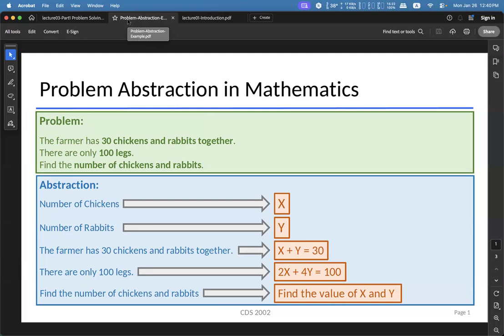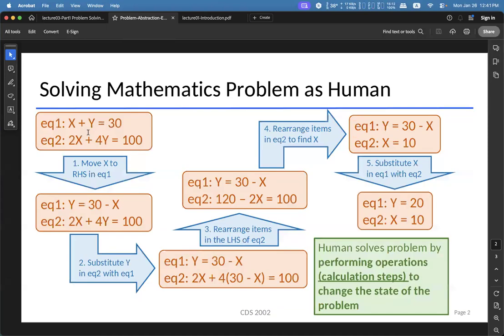Instead, what you will do is convert these problems into a form like this, and then you take this format and do mathematical operations to get the solution.